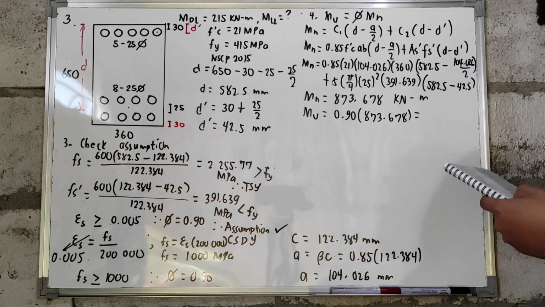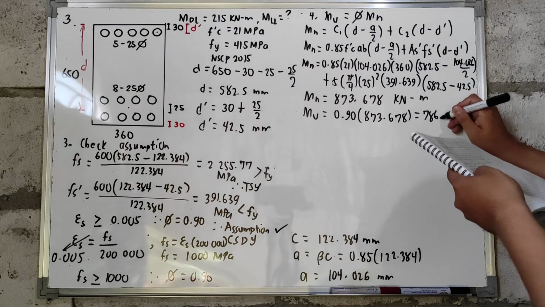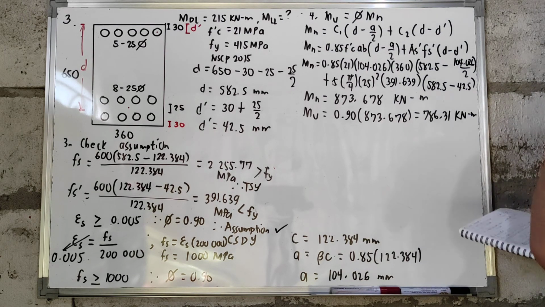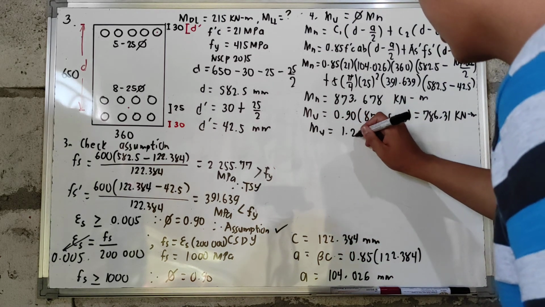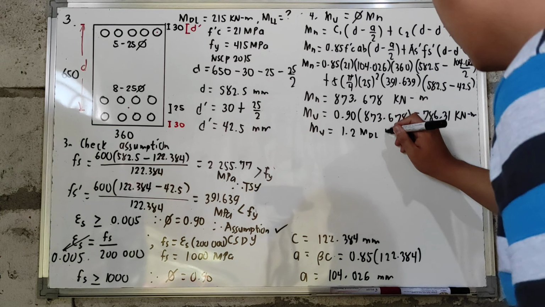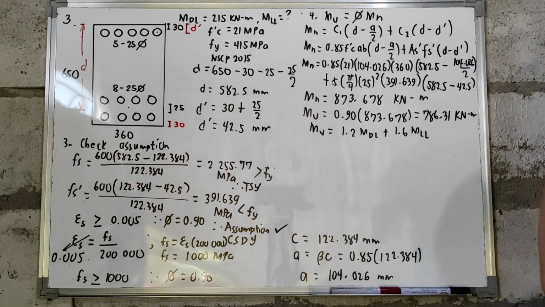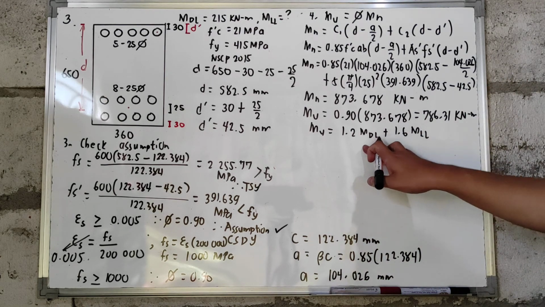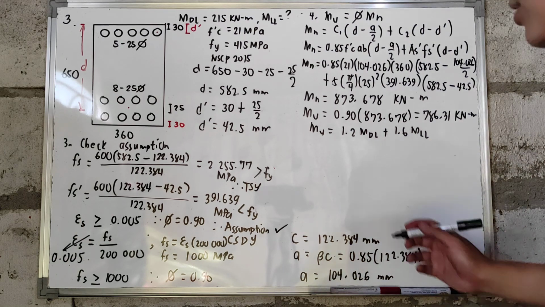So Mu is now equal to 786.31 kilonewton meter. So if we were going to refer, Mu is equals to 1.2 M dead load plus 1.6 M live load. So magiging ultimate lang yung MDL natin at saka MLL kapag meron tayong mga factor loads.